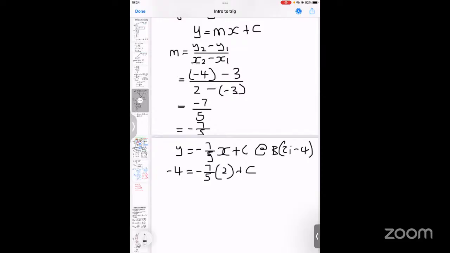So now you just need to solve for c. You can say -4, take this to the other side and it changes the sign.